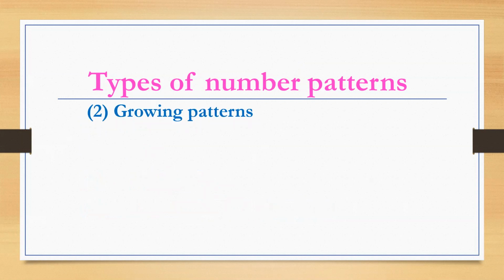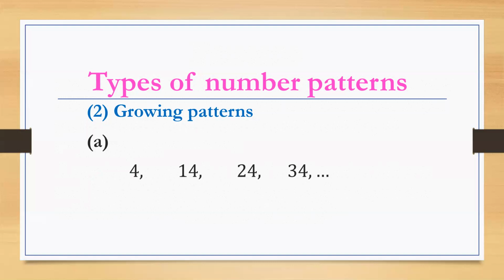Next one we have is growing patterns. In a growing pattern, the numbers increase in an orderly and predictable manner. So here we have 4, 14, 24, 34. You can see that the numbers are increasing. Now, let us see what is happening in this pattern.